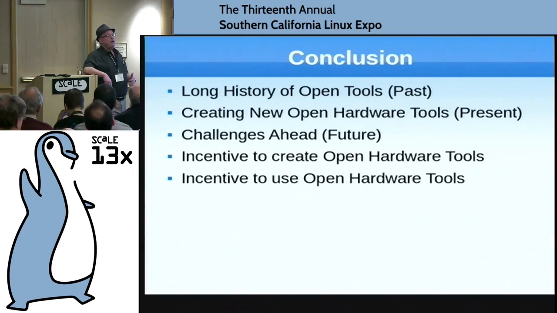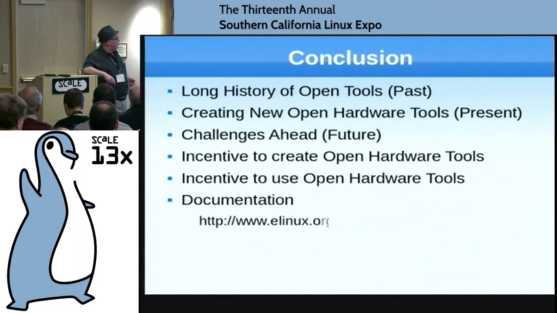And even if you're not interested in creating your own open hardware tools, there's a strong incentive for you to use them. Software applications such as sigrok have a wide variety of tools that they support. So if you need a logic analyzer, oscilloscope, or some other small tool, before you go out and spend $250 or $500 on that tool, check first to see if there's an open source alternative available so that you can help support the community.